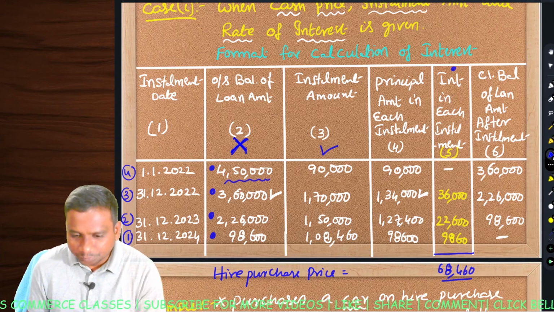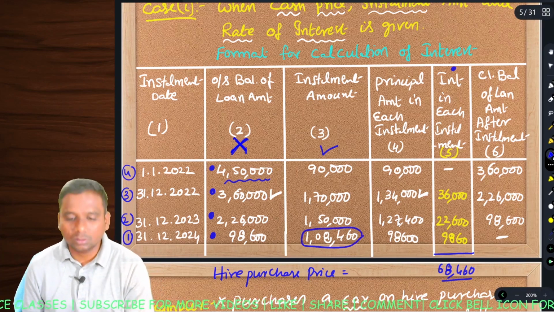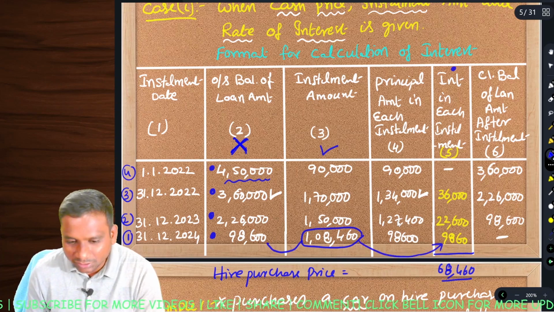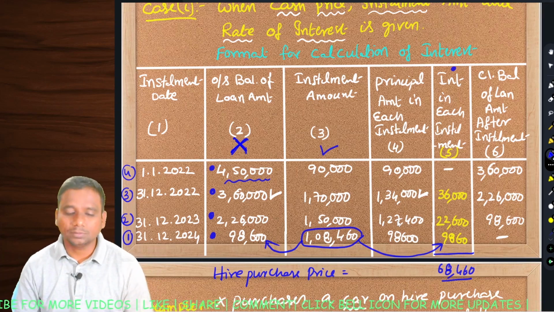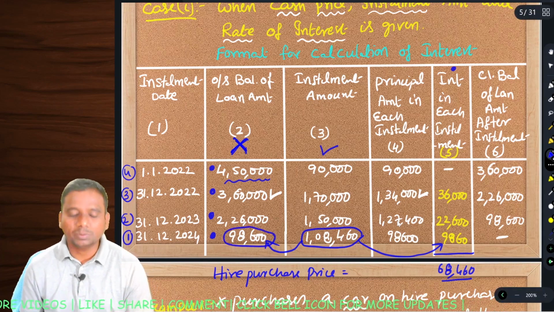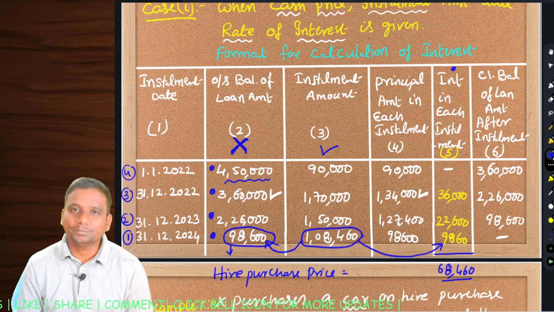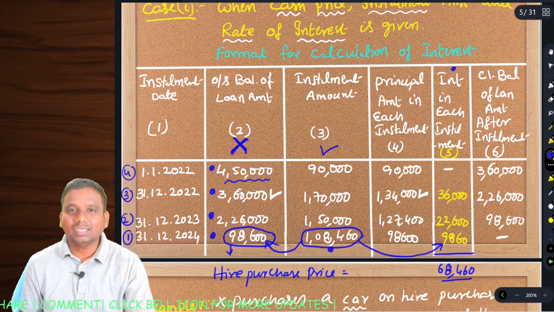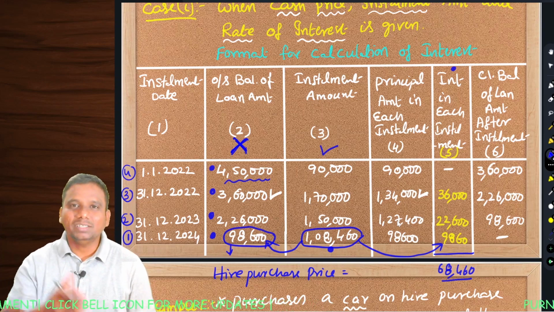But if you observe the last installment, it contains what? This amount and interest amount. Last installment contains the entire principal amount which is outstanding at the end of the fourth year, plus the interest portion. That means this 1,08,460 rupees consists of principal amount as well as interest amount.